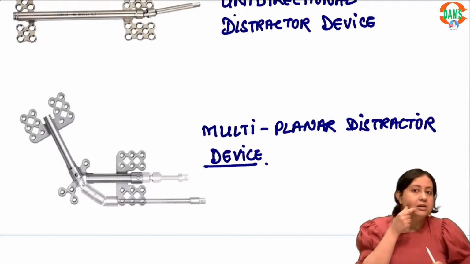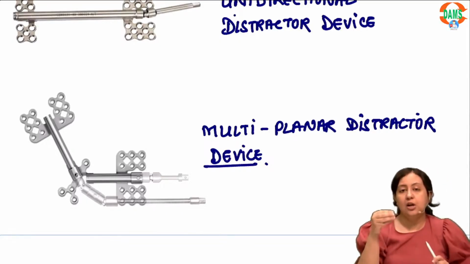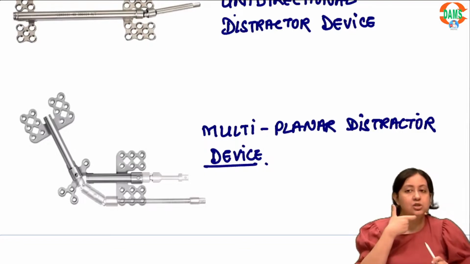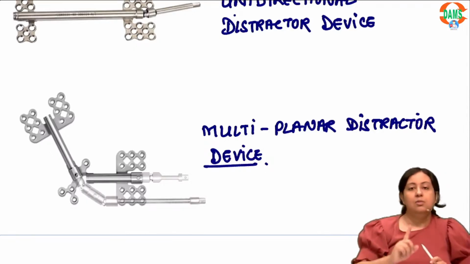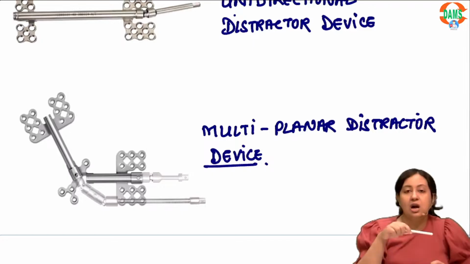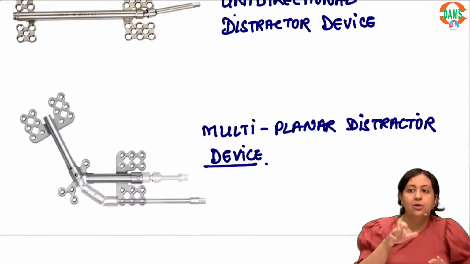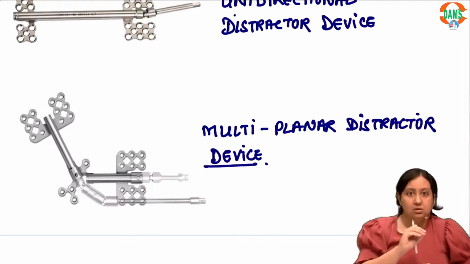It can simultaneously increase the length and the height of the mandible, and it can also have a third component where it can change the angulation of the bone. But please remember, distraction does not cause transverse movement, especially in case of mandible. So it can be a multiplanar distractor device.